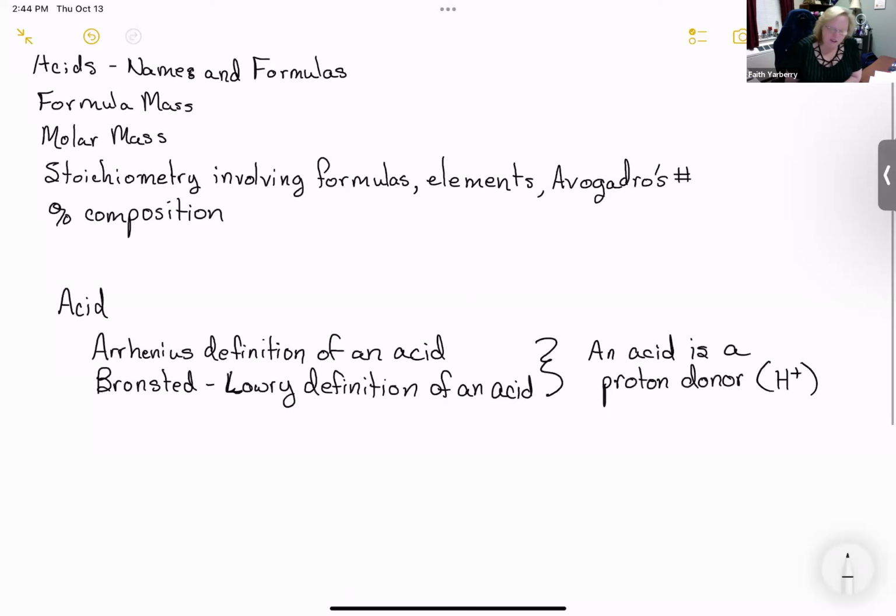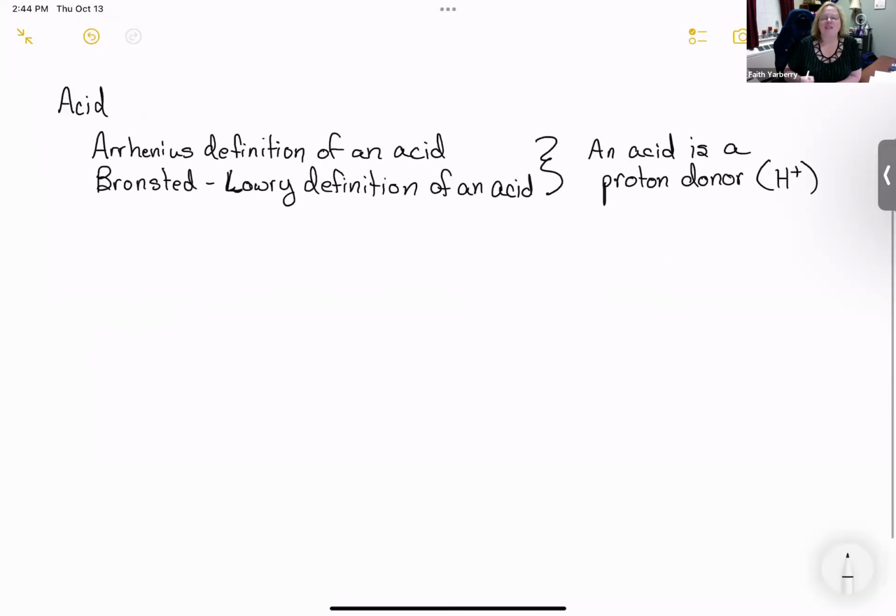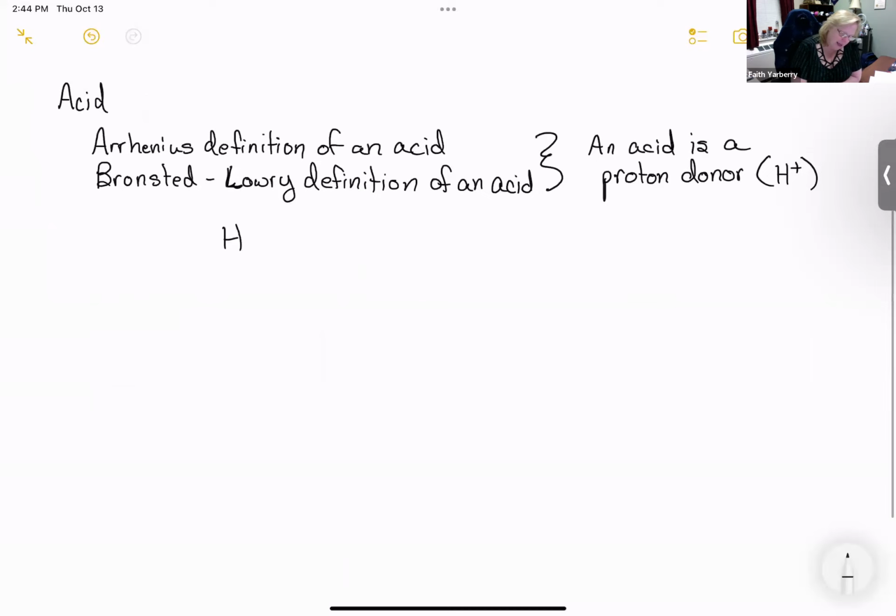Now, why would we illustrate it as an H+? Well, let's just go back and think about hydrogen. If we have a hydrogen atom, it has its proton in the nucleus of the atom, and then in the electron cloud surrounding that nucleus, there is the electron.